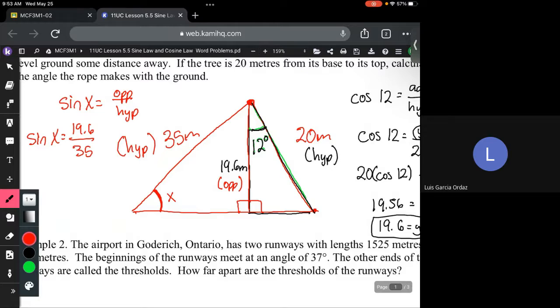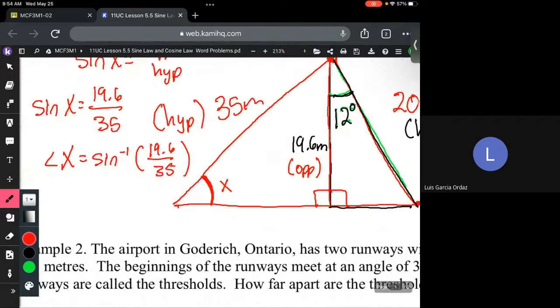Abby? Divide 19.6 by 35. You can do that, or you can just leave it as a fraction, but what button do you have to press on the calculator? Second function. So x is equal to sine inverse of 19.6 over 35. Wherever we are finding an angle, you're always rounding it to the nearest degree.